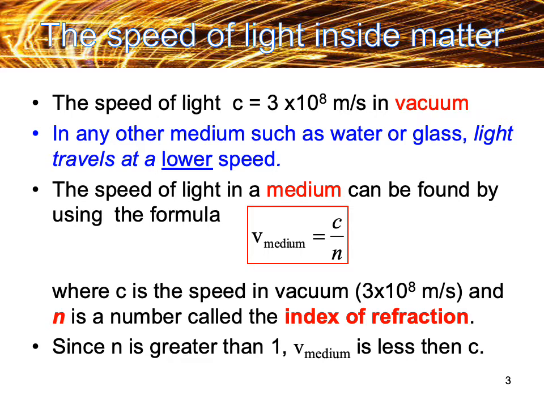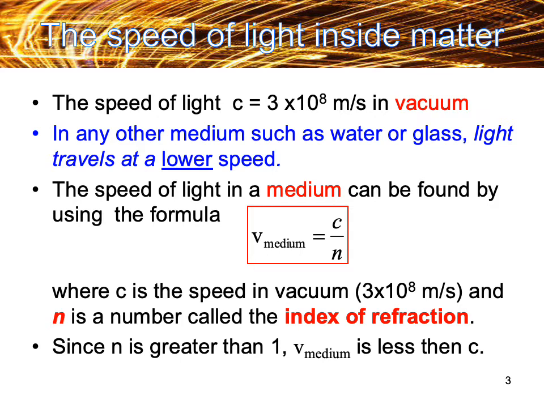And apparently this n has to be greater than 1 because this index of refraction is relative. It's a ratio between the speed of light in the vacuum and that in a certain medium.